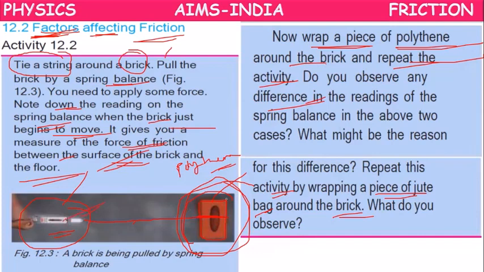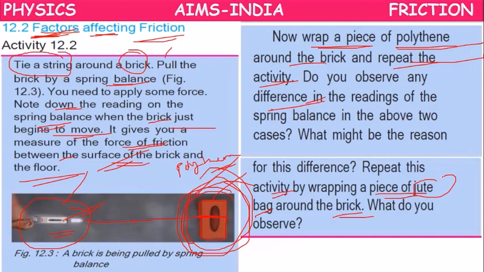Certainly, because the surface of the brick is different, the surface of the polythene bag is different, the surface of the jute bag is different. The polythene bag will be somewhat smooth, so with less force we can drag it, whereas the brick and jute bag are somewhat rough.